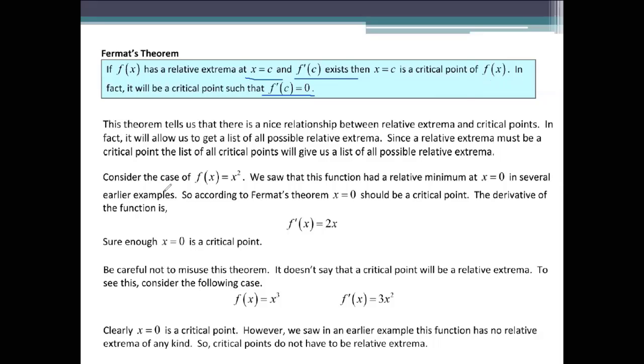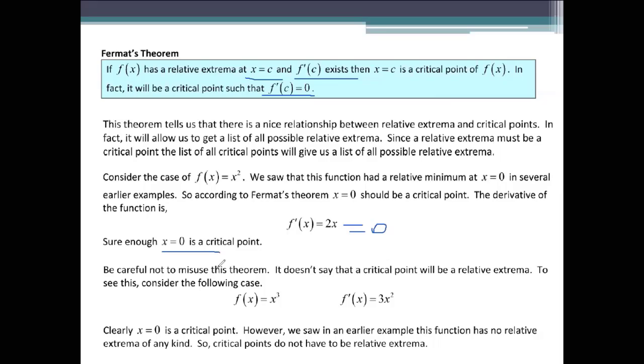And consider the case f of x is x squared. We saw that this function had a relative minimum at x is 0. According to Fermat's theorem, x is 0 should be a critical point. If it is relative extrema, it will be a critical point. So the derivative of the function is 2x, and equating to 0 we get x is 0, a critical point.